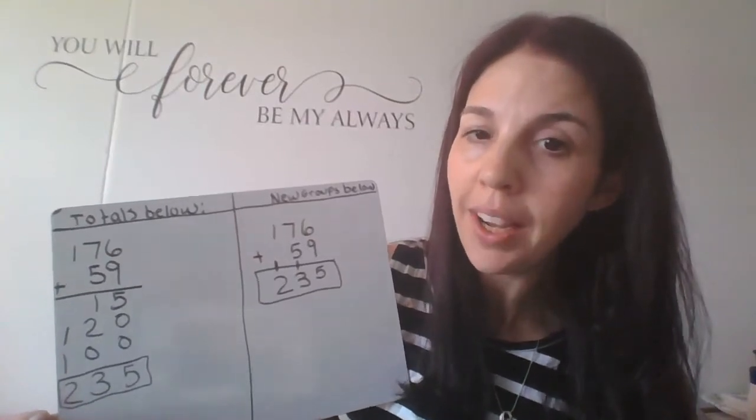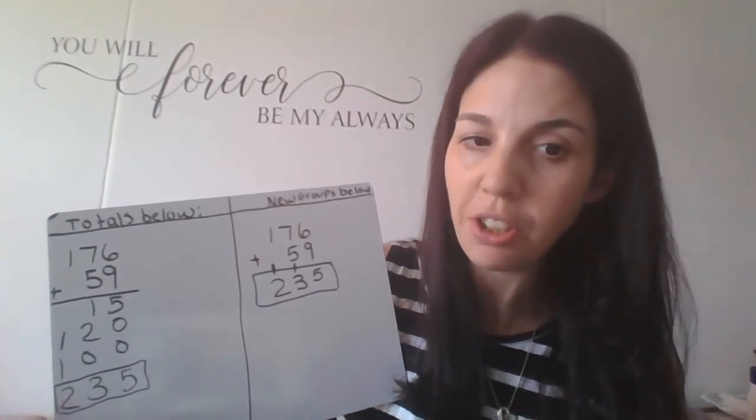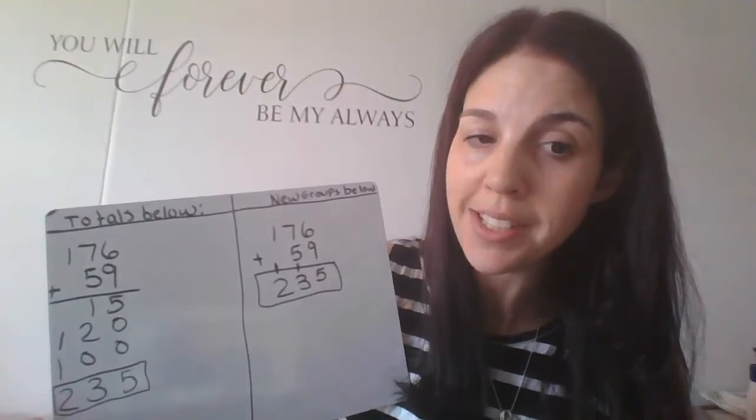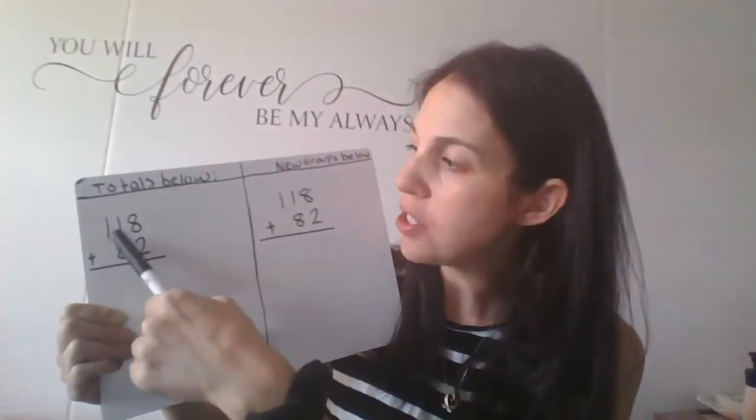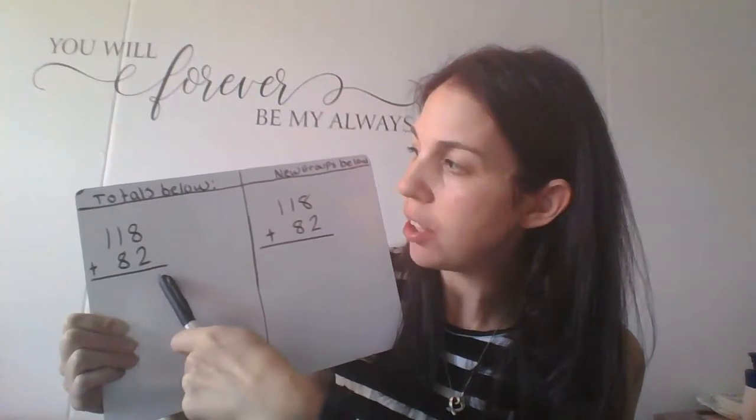I will model one more problem because I know these strategies are new. So I'm going to model one more problem before I send you on your way. Last problem, 118 plus 82.